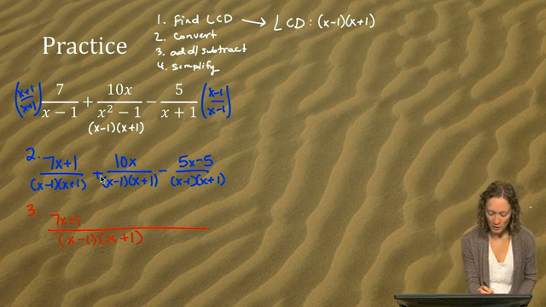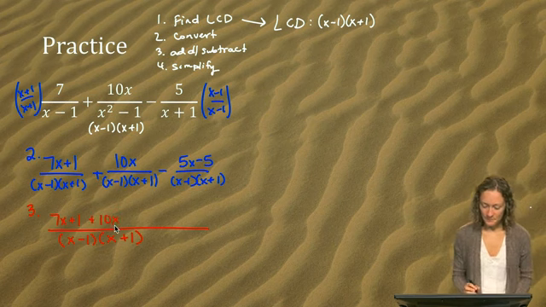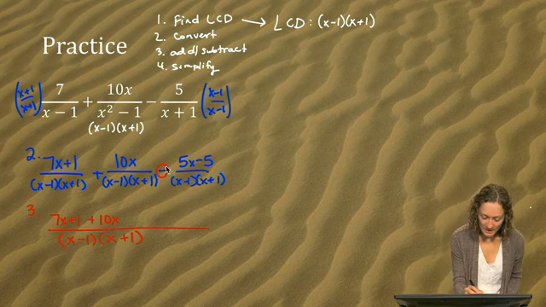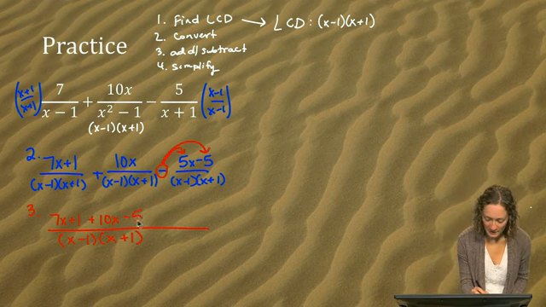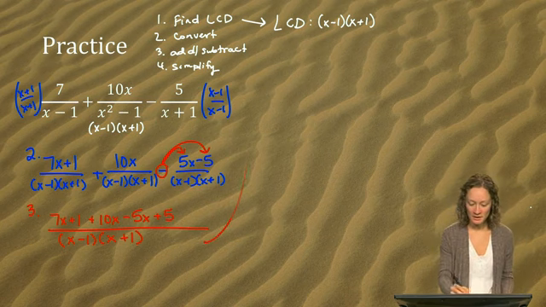We have 7x plus 1 plus 10x, and then minus 5x minus 1. So that minus has to get distributed to each item in the numerator. So it becomes minus 5x plus 5. Okay, so they're pulled into one fraction.